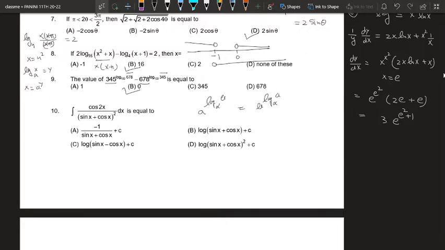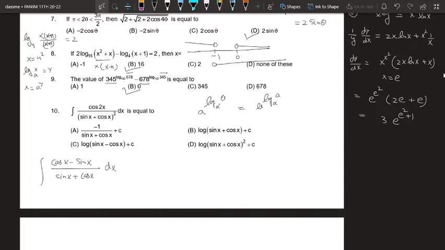If we apply a little bit of trigonometric ratios, cos 2x is equal to cos square x minus sin square x, and if we apply the a square minus b square formula, then we get cos x minus sin x divided by sin x plus cos x, sin x plus cos x dx, and integrate this.